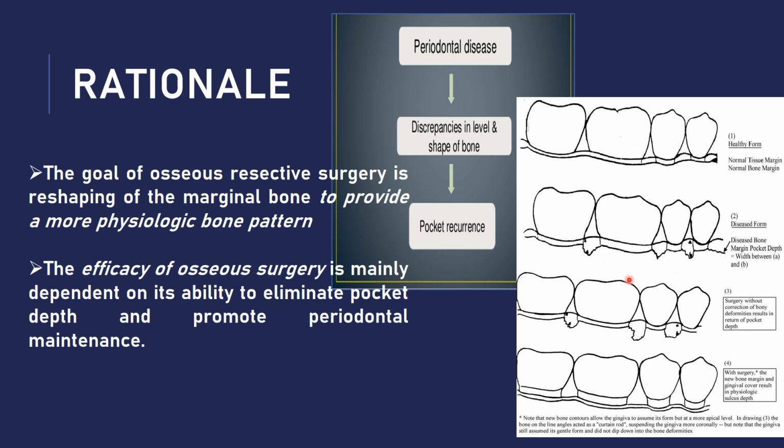Even after the removal of the soft wall, after pocket elimination, this remains. So the bony defects are still there, and this will lead to a return of the pocket depth. That is why there is a need for pocket elimination, with soft tissue procedures, periodontal flap surgeries along with osseous reshaping. This helps in eliminating the pocket depth and promotes periodontal maintenance.